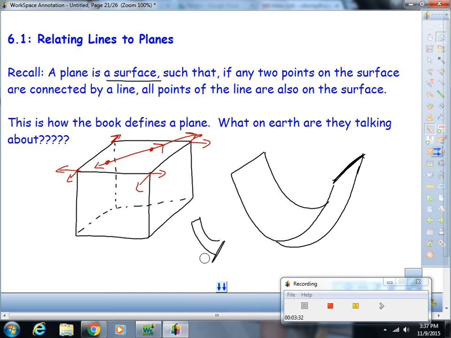Oh, jeez, I'm just failing at this. All right, anyway, imagine on this half pipe we have a point here and a point here. If we have a line going through those points, those are the only 2 points that are on that surface, if you can envision the surface the way I want you to. And that would be an example of a surface that is not a plane.